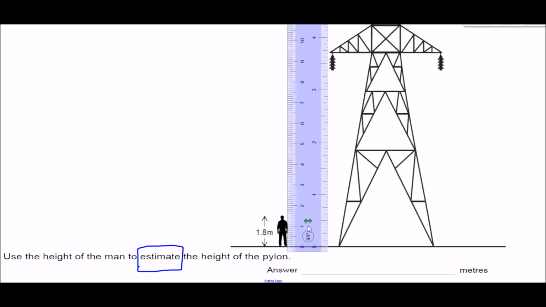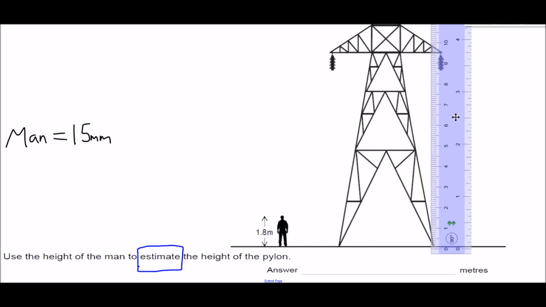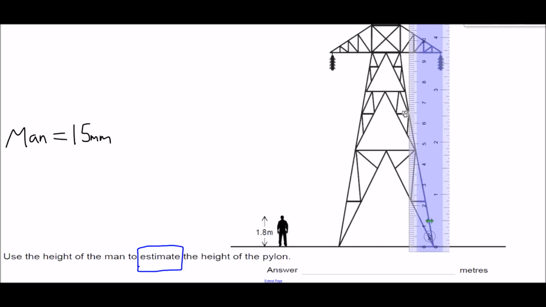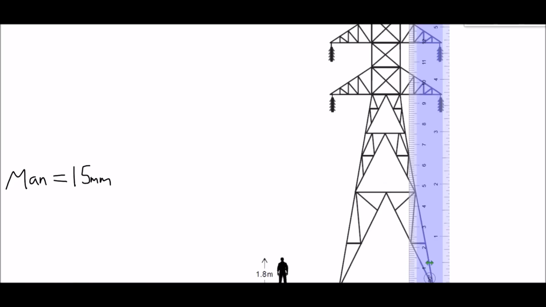That looks to be, or should look to you, to be roughly 15 millimeters. You could say 1.5 centimeters if you'd prefer. So I'm going to say the man is approximately 15 millimeters on this diagram. Now on this diagram as well, let's find the height of a pylon. So start from 0, and measure all the way going to the top.